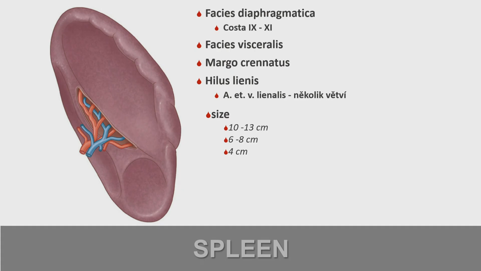And also probably you have heard in GIT that we have some folliculi aggregati or folliculi solitari in a small intestine. Spleen is a large lymphatic organ which has some ovoid shape and is localized on the left side below diaphragm, similarly to liver on the right side.